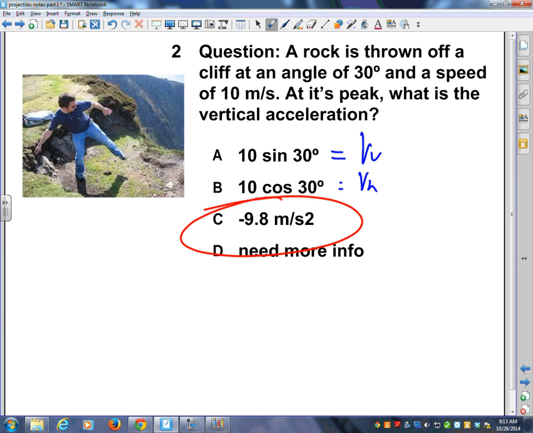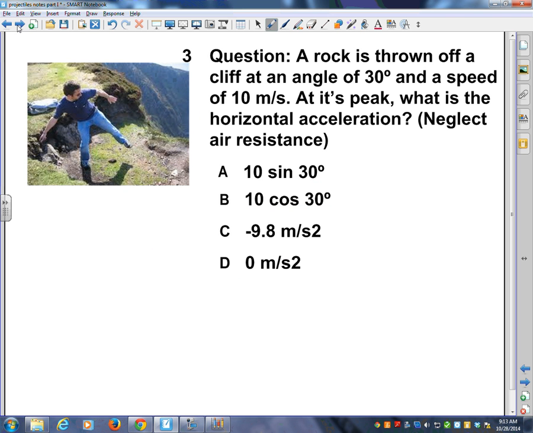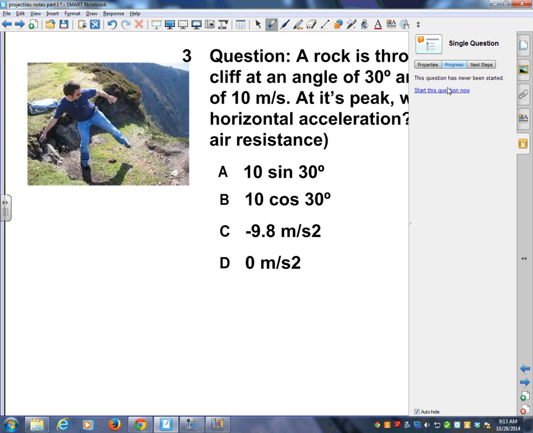Should I draw a little triangle there? 30 degrees, there's the velocity, that's the VV, which is 10 sine 30, and this is the VH here, which is 10 cos 30, right? Okay, so vertical acceleration.